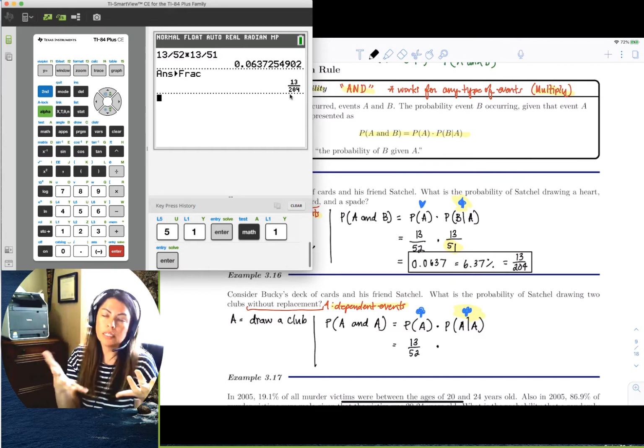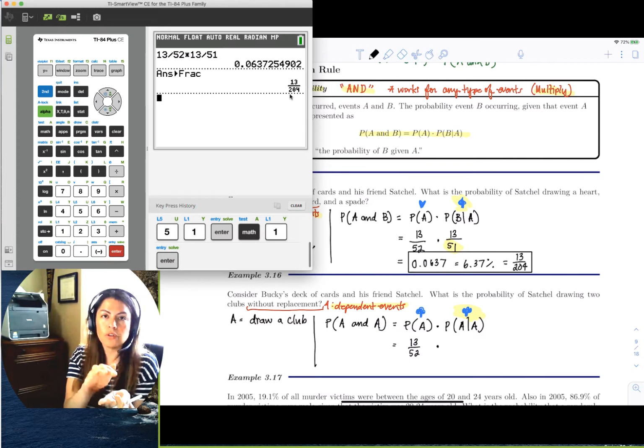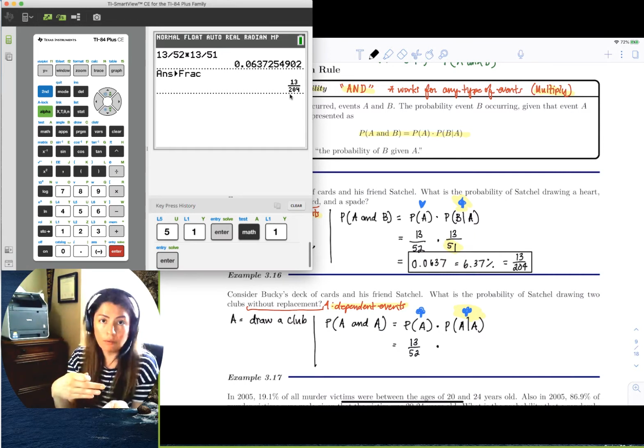Well, let's stop now. Now it's a little bit different than the prior example. So he has the deck of cards, and on the first draw he draws by chance a club. Well, if there are 13 clubs in the deck total and he takes one, how many clubs are left in the deck? Not all 13, right? He has one less, which is 12.